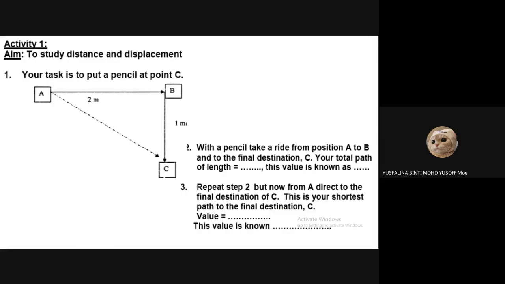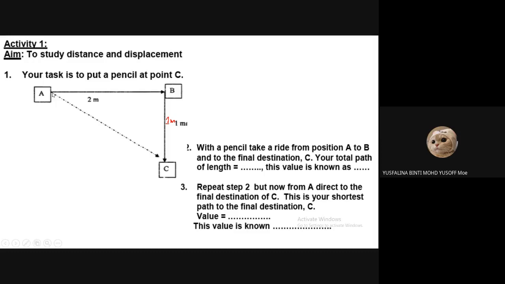Let's try activity 1. With a pencil, take a ride from position A to B and to the final destination C. This is 2 meter and this one is 1 meter. So your total length, you just add 2 plus 1.